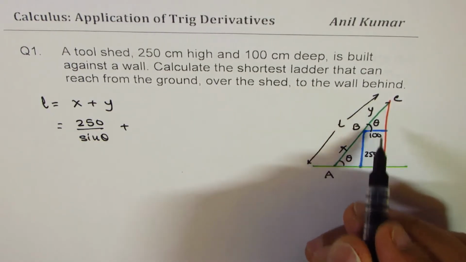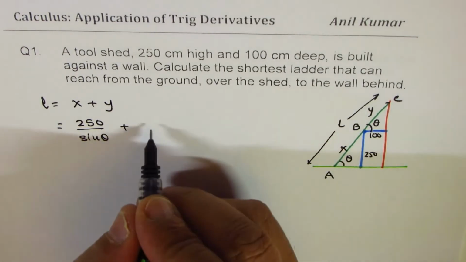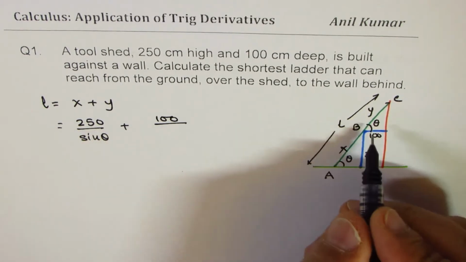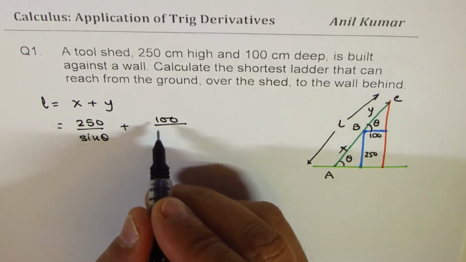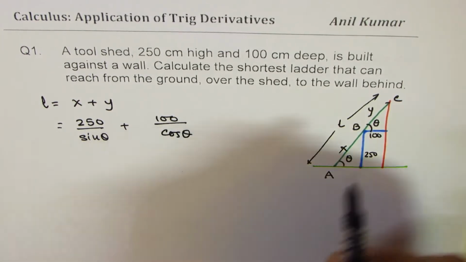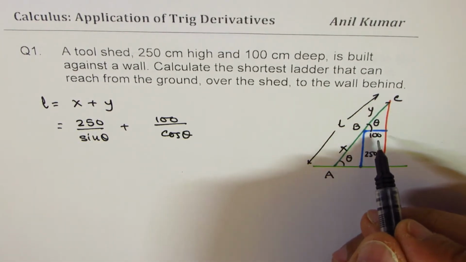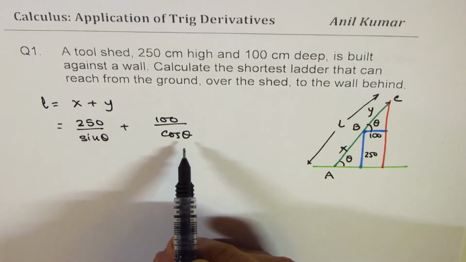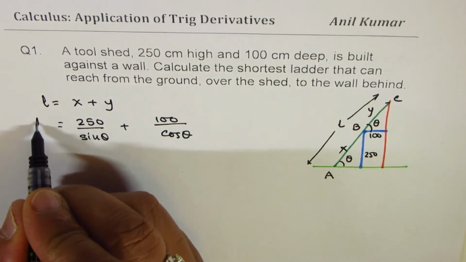Similarly, we can write y as a ratio of adjacent side 100 over hypotenuse. So y becomes 100 over cos theta. Hypotenuse is always greater and sine and cosine are less than 1. So it makes sense, right?